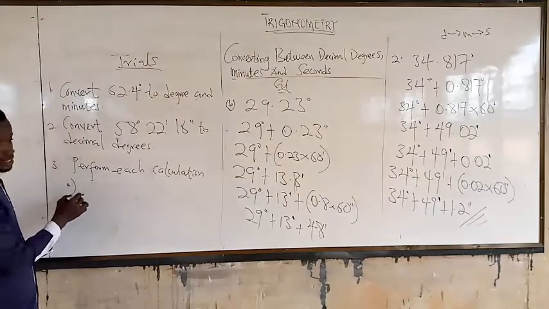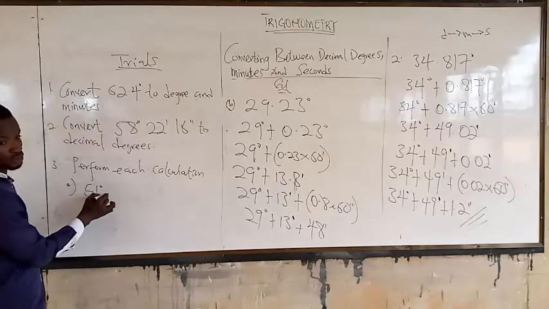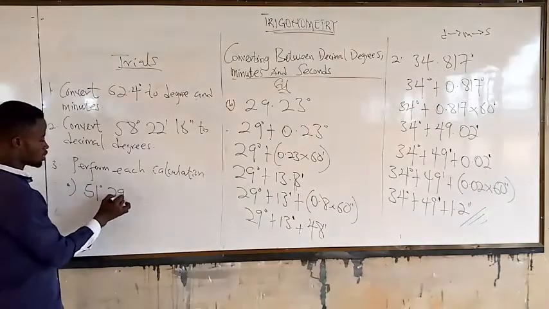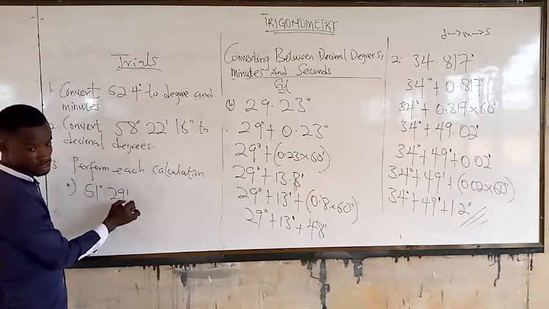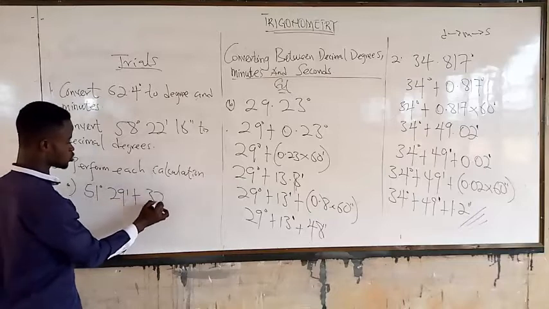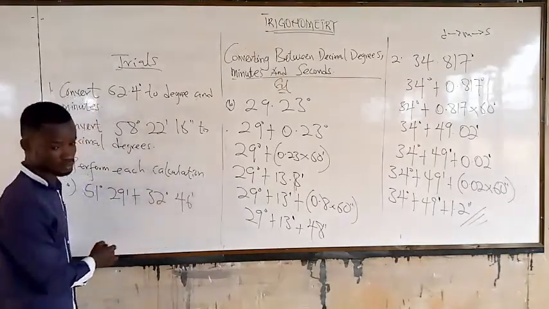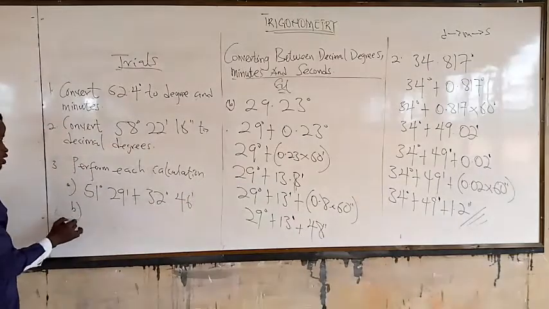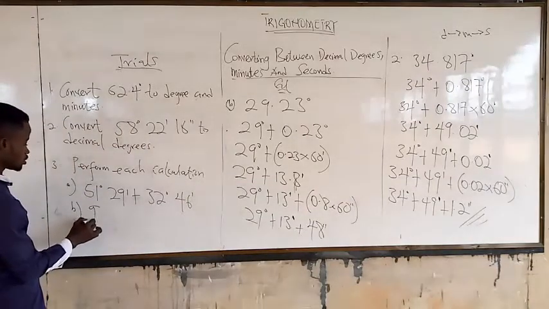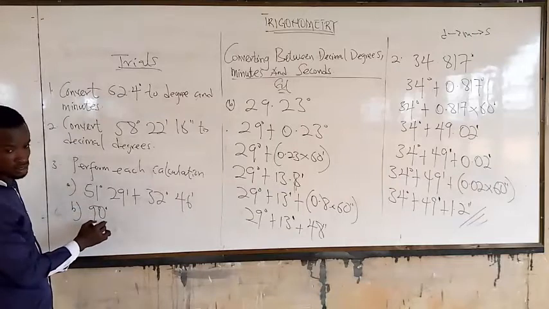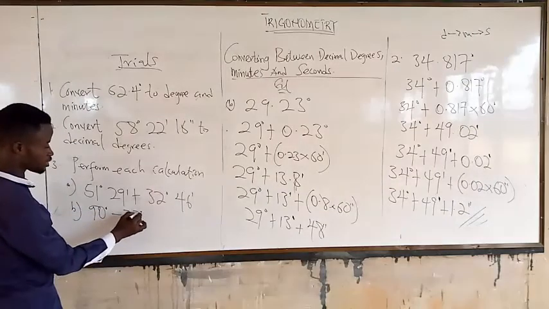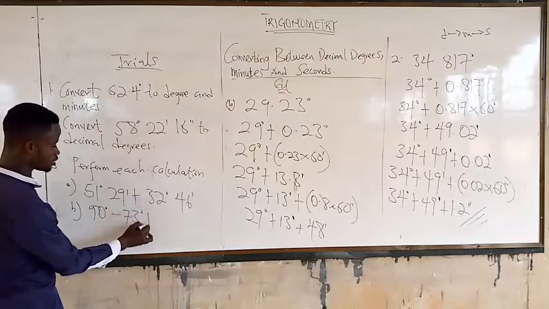A is 51 degrees 29 minutes plus 32 degrees 46 minutes. B, 90 degrees minus 73 degrees 12 minutes.